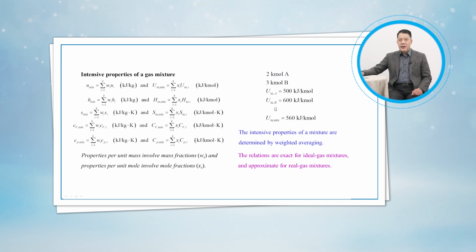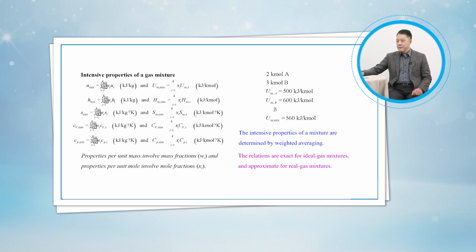The relations are exact for ideal gas mixtures and approximate for real gas mixtures. The only major difficulty associated with these relations is the determination of properties for each individual gas in the mixture.